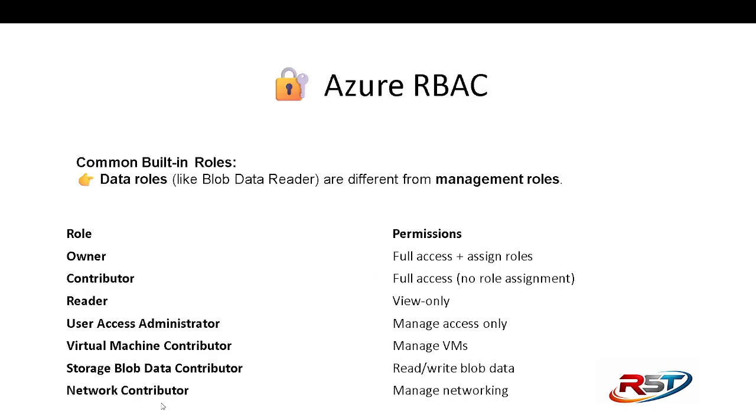There are other roles also, but we have mentioned commonly used roles, and there are many roles. If you open RBAC IAM, Identity and Access Management, you can see the built-in roles there.